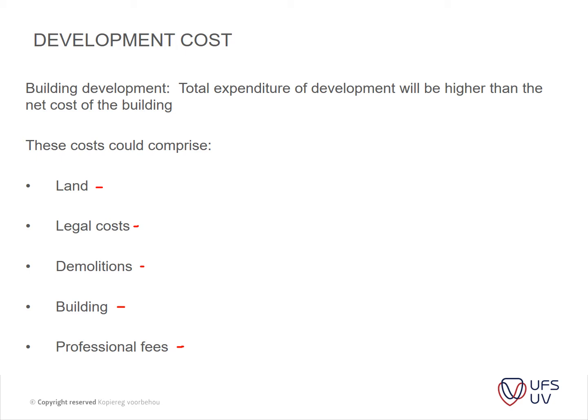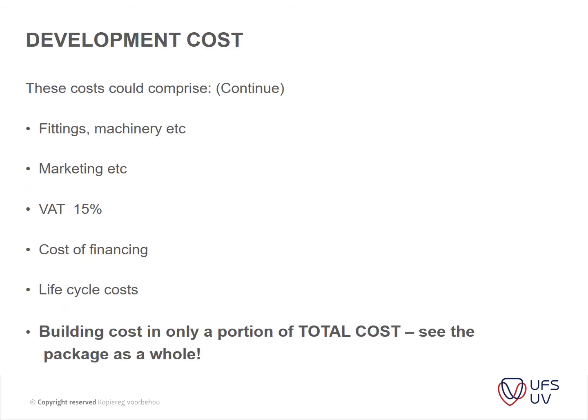There's a whole lot of other costs that is considered as well: land, legal costs, maybe demolition cost, the building itself, and then also professional fees, the architect that's doing the design, the engineer that does the design for the water pipeline installation. These are all factors that contribute to the cost of a construction project.